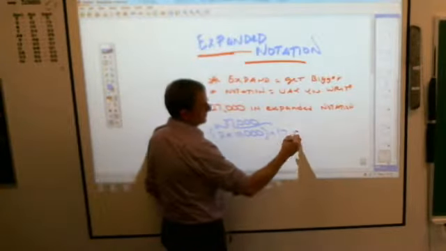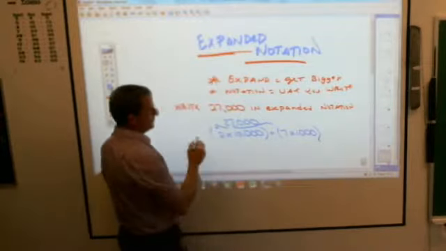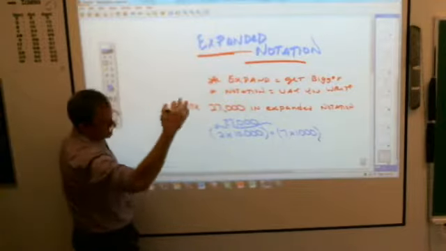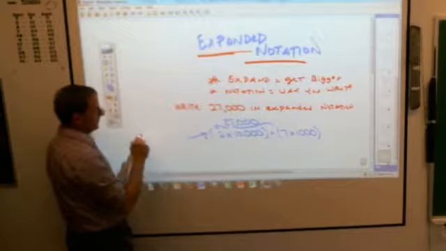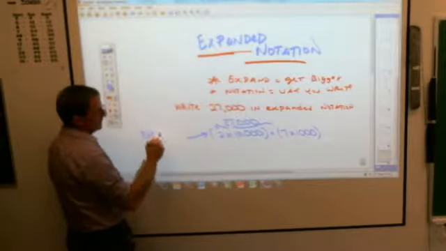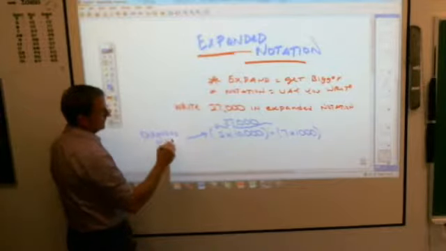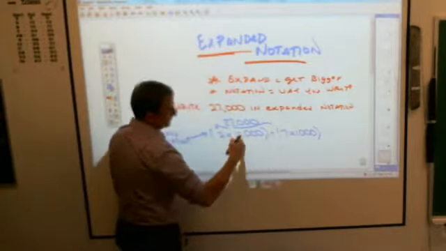The thousands place. The rest of the zeros, you don't have to do 0 times 100 or 0 times 10 or 0 times whatever. This right here is what we affectionately call expanded notation. And again, note how it does look bigger than what we started off with.